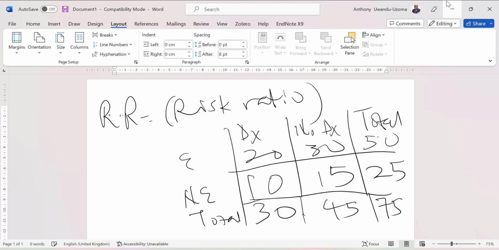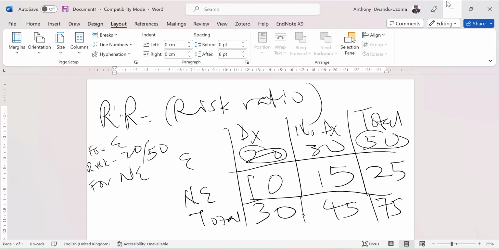So how will I calculate my relative risk here? What is the risk in the exposed group? Here I'm going to use the total, so I'm going to use 20 divided by 50. That is the incidence of the disease in the exposed group, 20 over 50. Now, for the non-exposed group, what will be the risk?